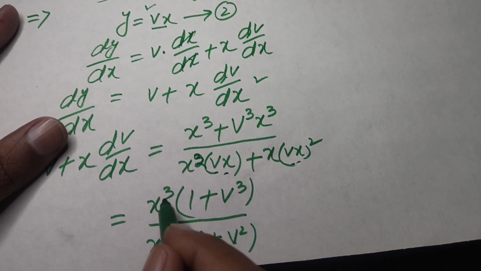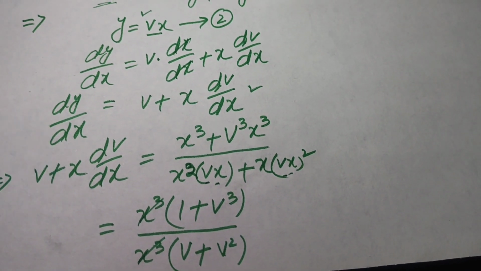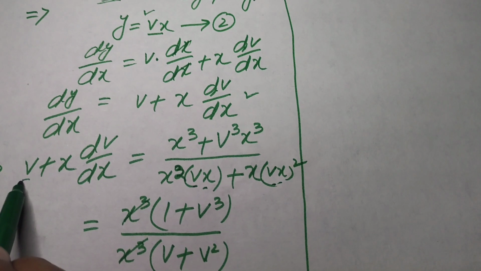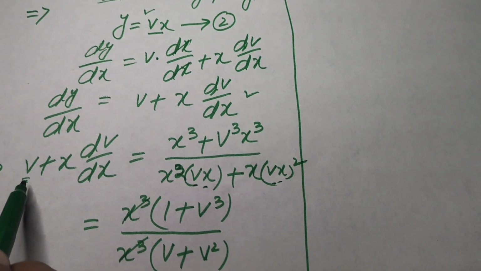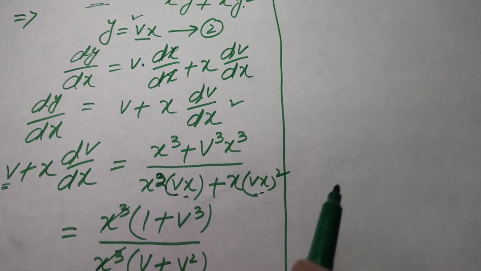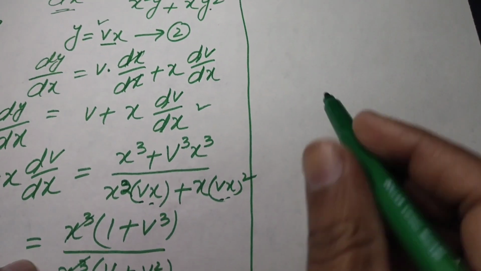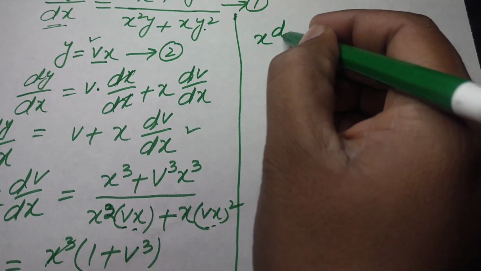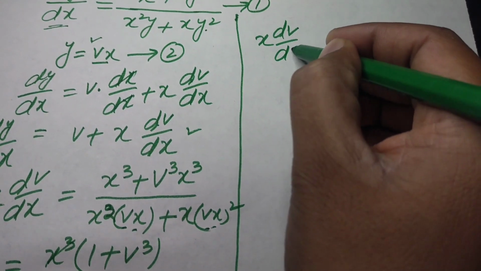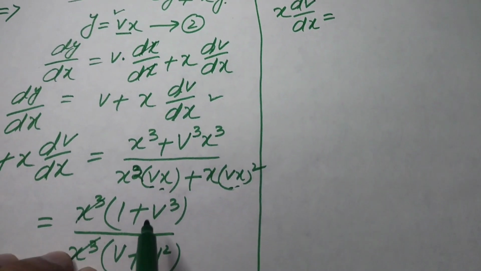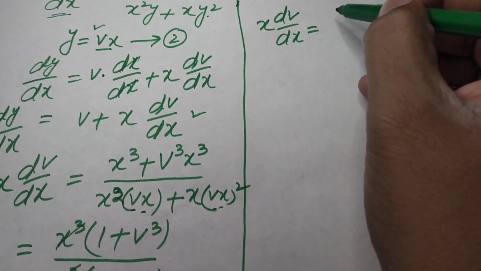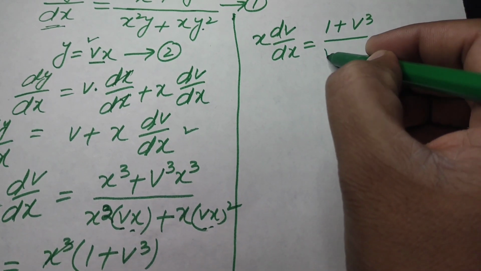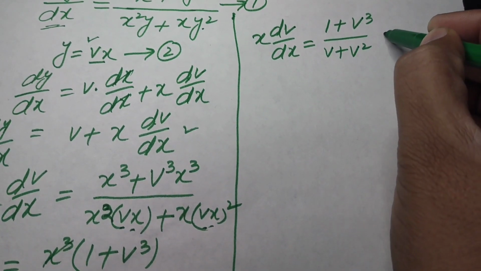After that this x cube cancels out. Then the term v on the left hand side is positive, so when we take it to the right hand side it becomes negative, and on the left hand side we get x times dv over dx is equal to (1 plus v cube) over (v plus v square) minus v.